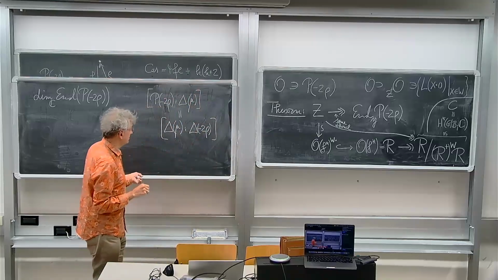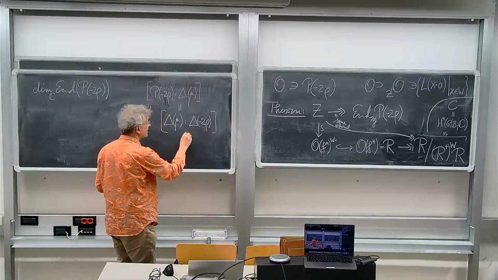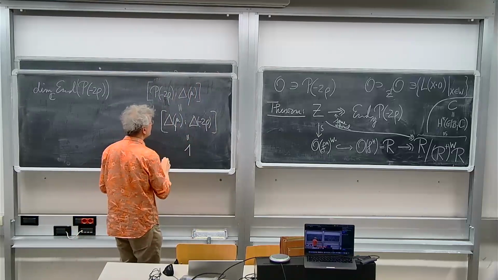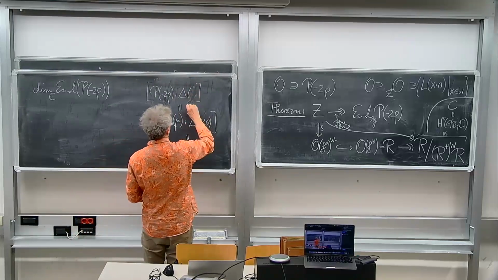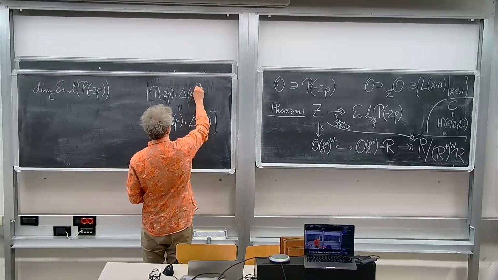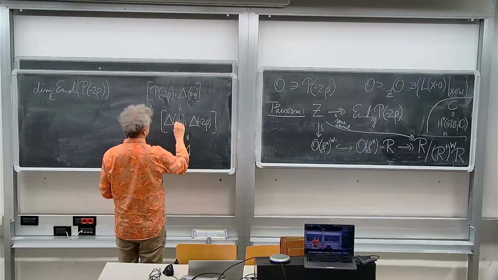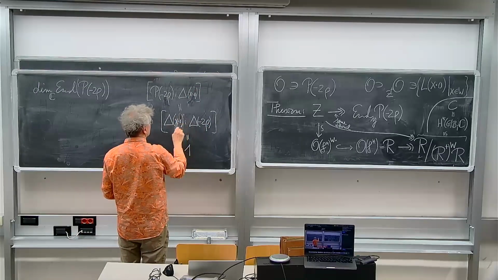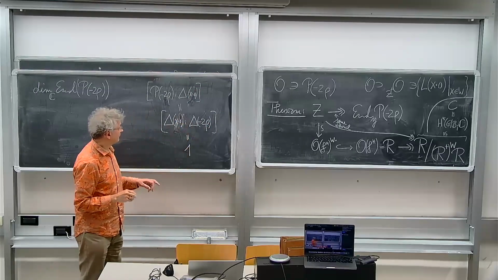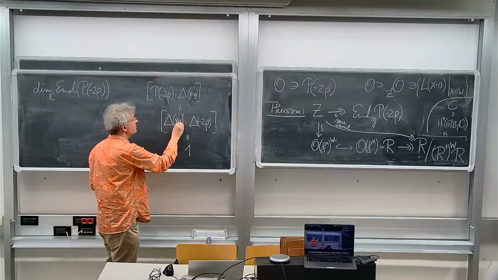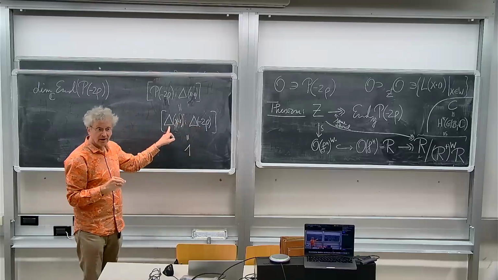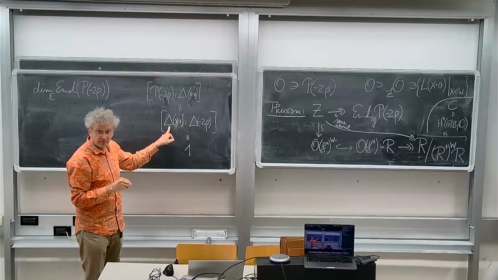And now I have to tell you that this multiplicity is always 1. So here I have to take only the allowed characters, in the correct sense. So the multiplicity of the simple as a subquotient of the Verma is always just 1.